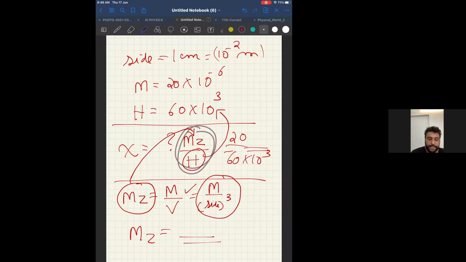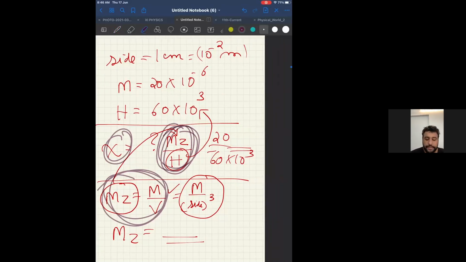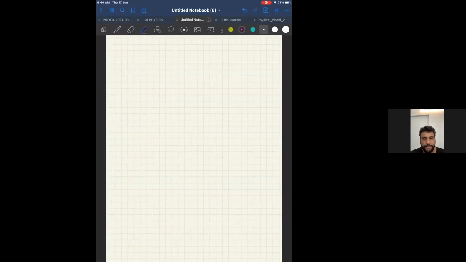First, susceptibility is magnetization by H. And the second formula you should get right is mz is equal to m by v. If you get these two formulae right, then you can get the answer.